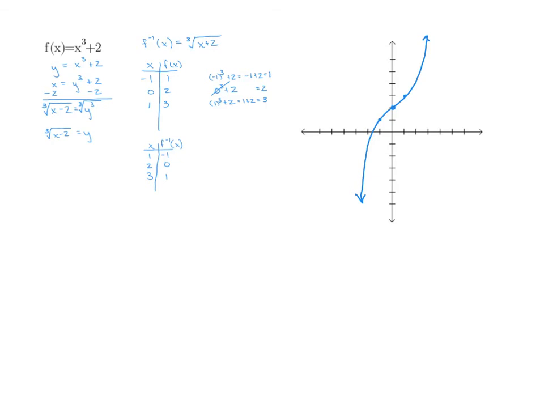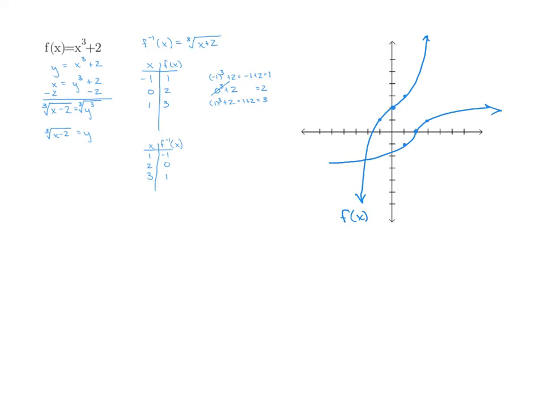All right, for my f inverse of x, we're going to have 1, -1, 2, 0, and 3, 1. If we go ahead and graph this, it's going to look something like this.